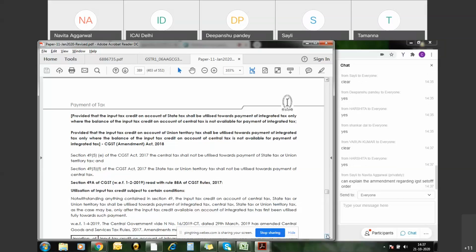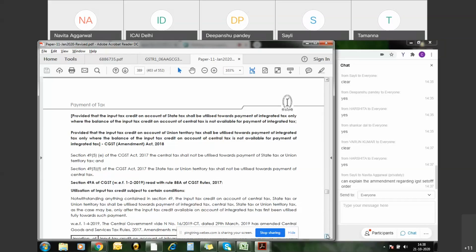Later, certain changes were made. Now they have stated that the ITC available under UTGST can only be utilized once the ITC under the central tax is not available for payment against the IGST.